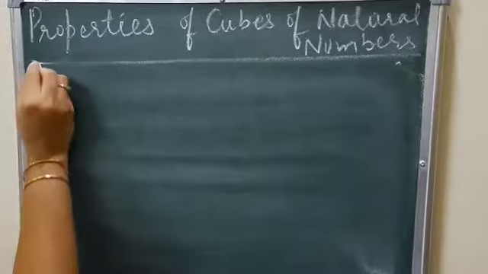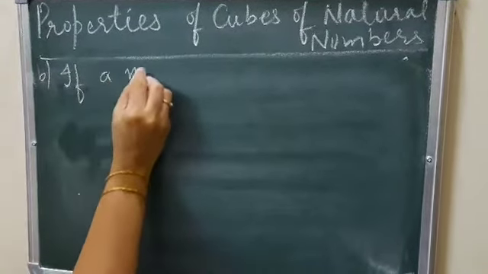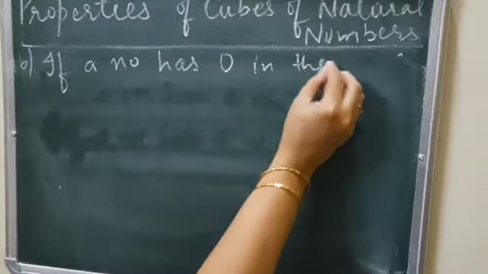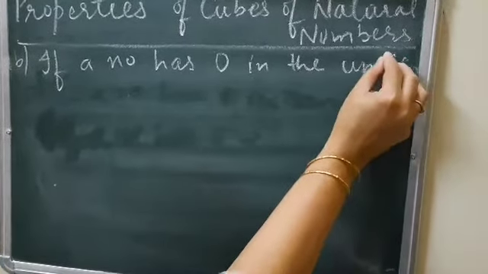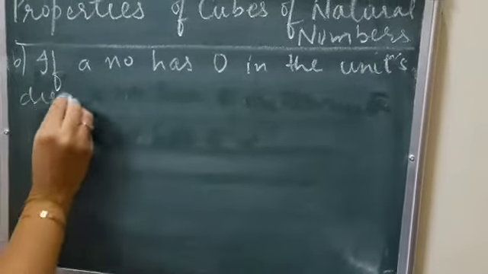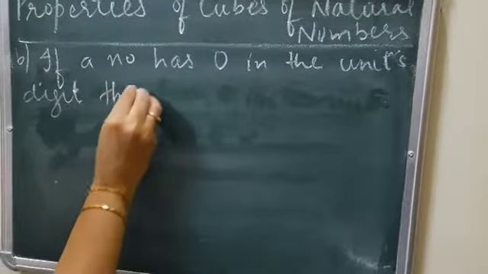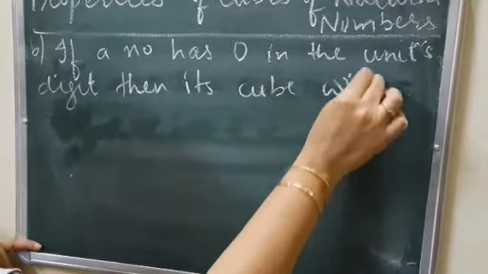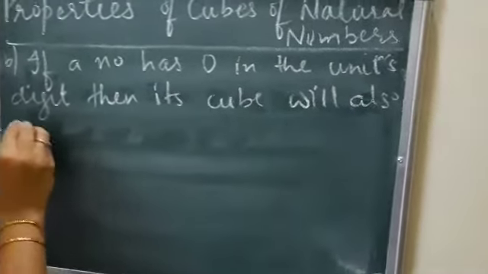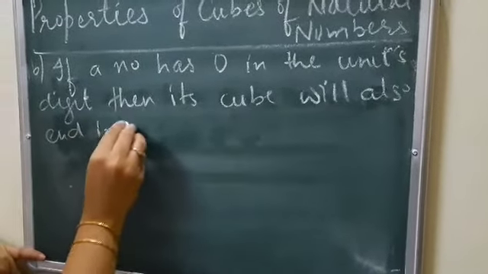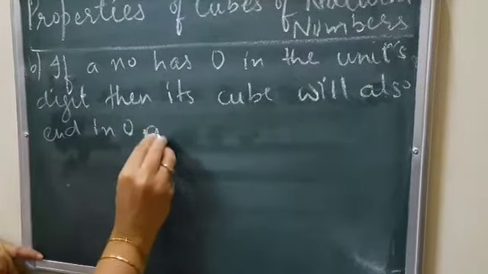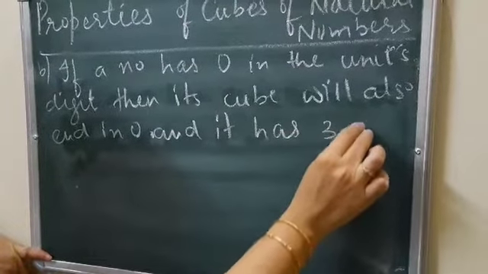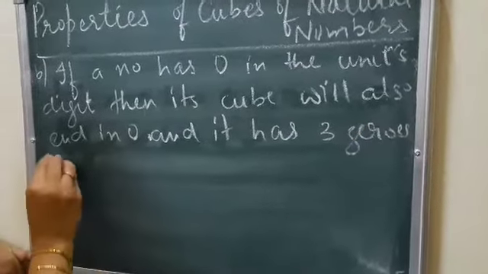If a number has 0 in the units digit, then its cube will also end in 0, and it will have 3 zeros at the end.